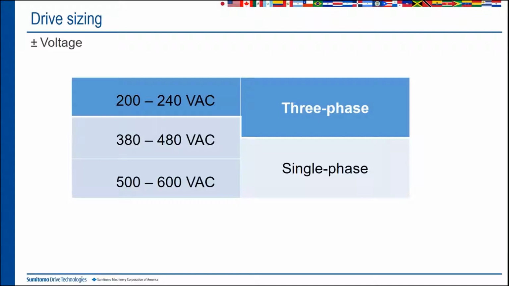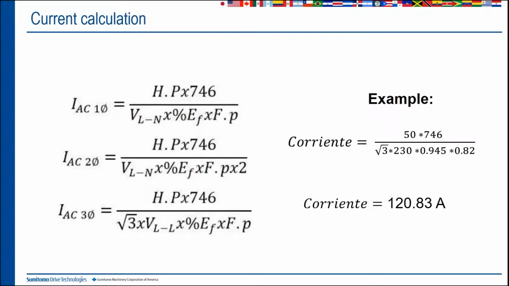This will be the main factor that you will take into account for the power of the drive. So you will need the current, and if you don't have the rating plate, you can calculate it with this formula. I am showing you the formulas for single-phase, three-phase and also two-phase, but anyway, the most common are three-phase or single-phase.